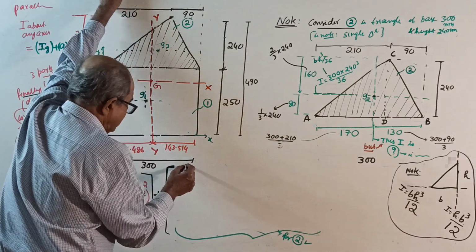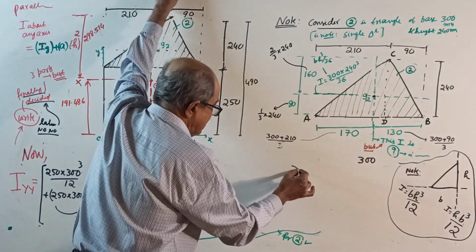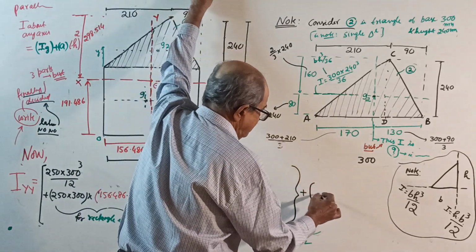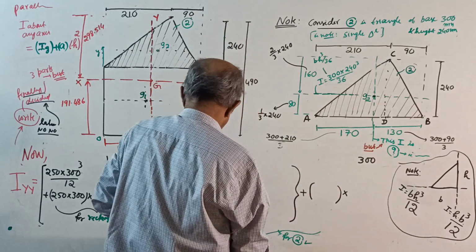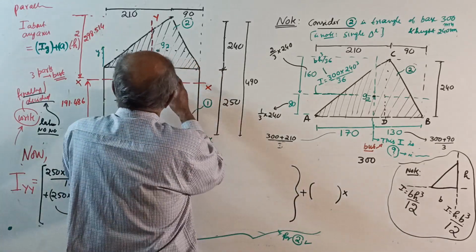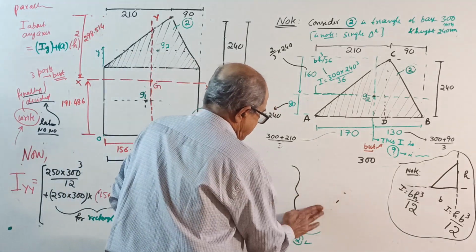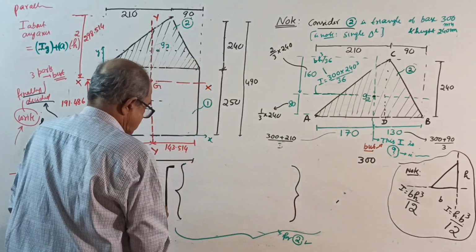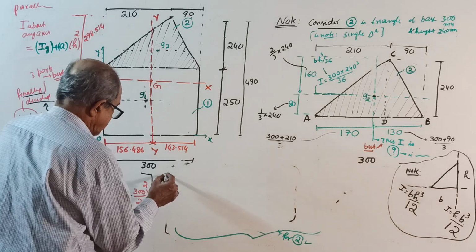The formula is Ig plus area into H square. Space problem is there. I will manage it here. Ig, space problem may come. Okay, I can write the area here only. Ig plus, this is Ig. Little more space required, because a complication is there. Not a big complication.